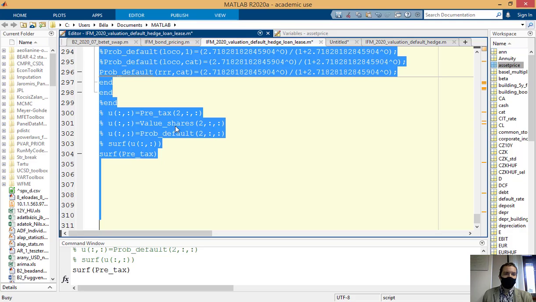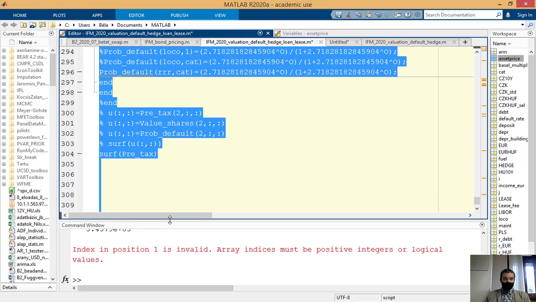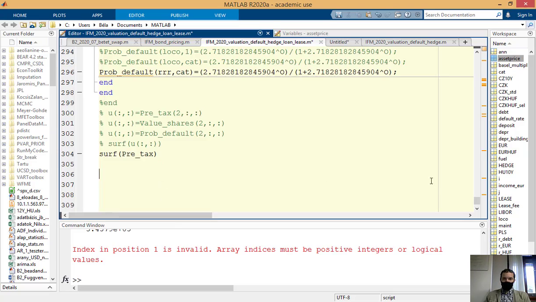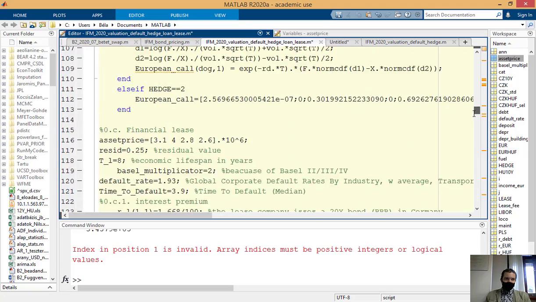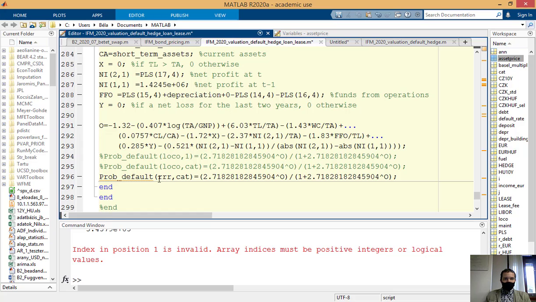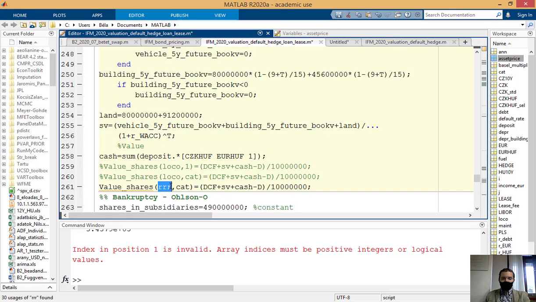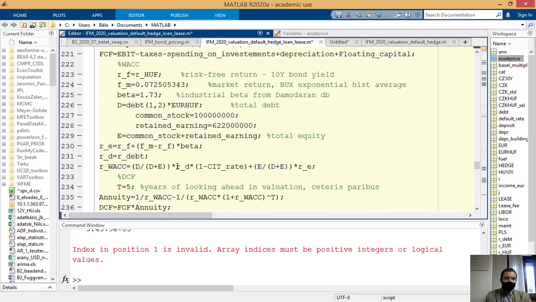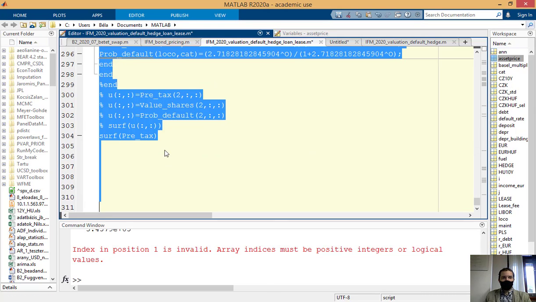So let's see. Index in position 1 is invalid. What have I done? And which index? Yeah, because local. Local.